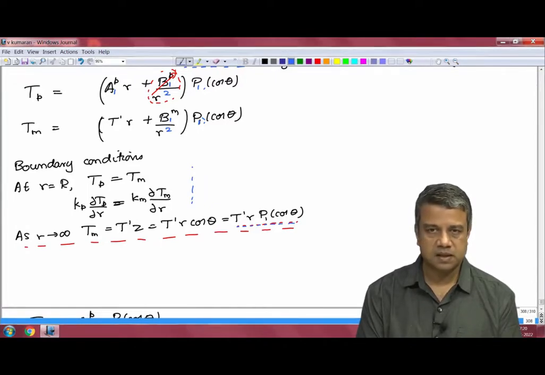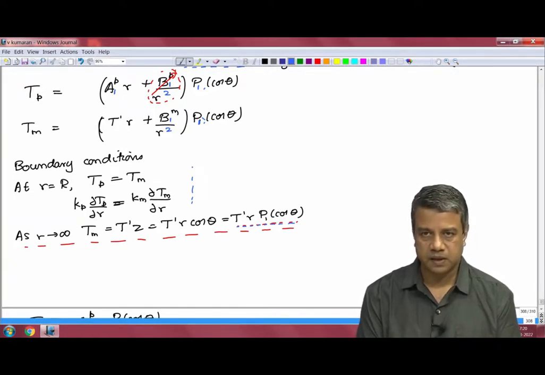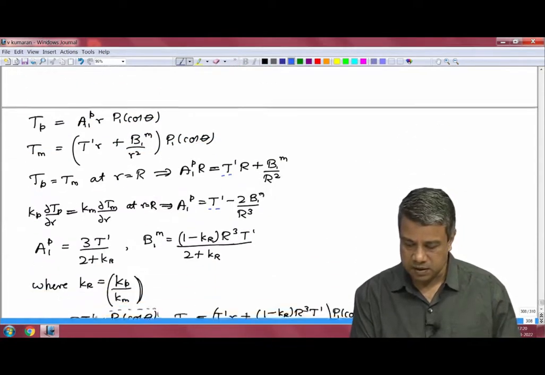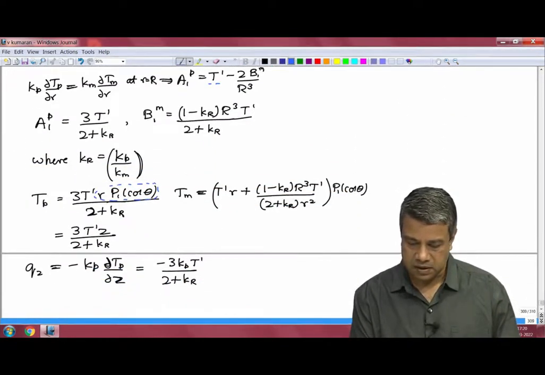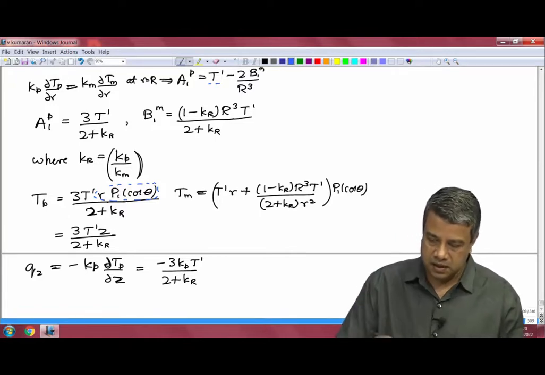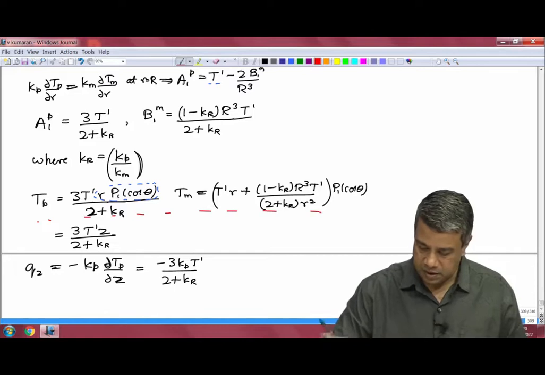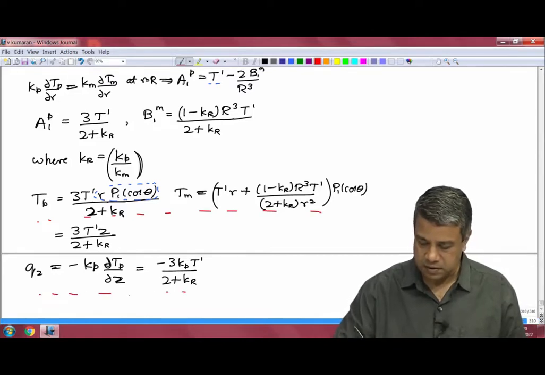A1 in the matrix has to be T prime, so that the temperature is the same as the linear temperature gradient far from the particle. And from the boundary condition at the interface, we have determined the coefficients, the temperature field in the particle and the matrix, and the flux in the z direction.